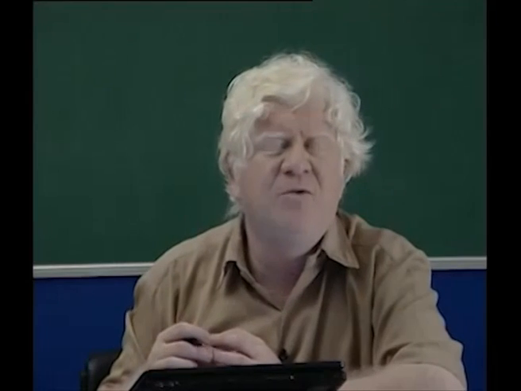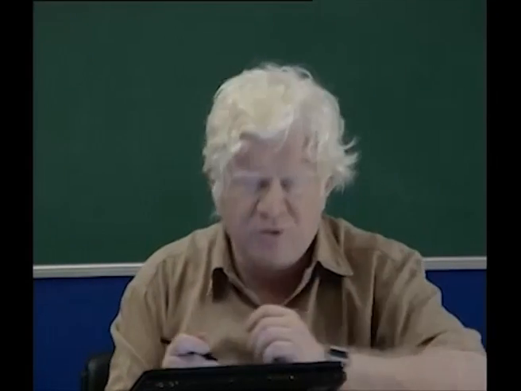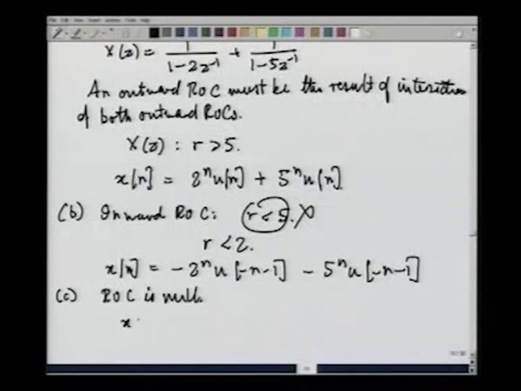That means a left sided sequence for X1, a right sided sequence for X2. So you would get x n equals minus 2 to the n u minus n minus 1 plus 5 to the n u n. This sequence will not have a Z transform for any value of r. That means it will converge at no point on the Z plane.